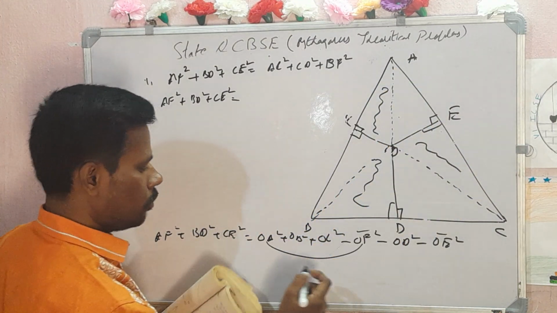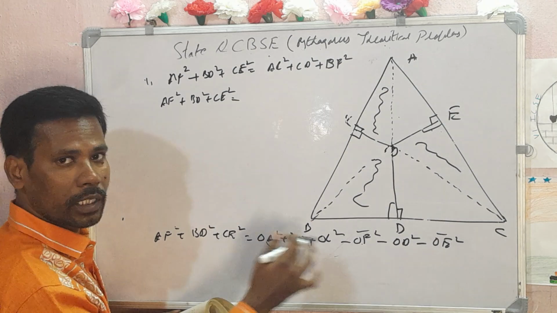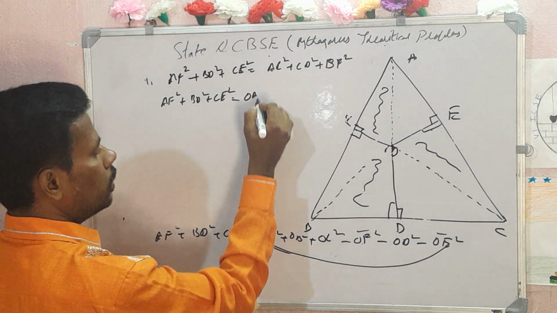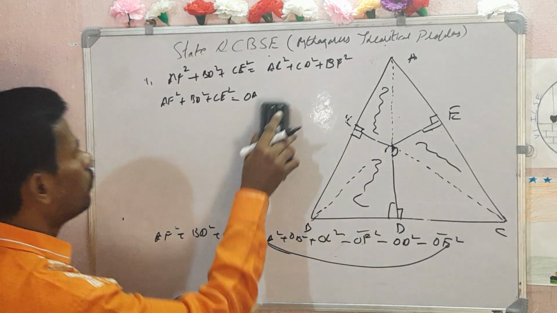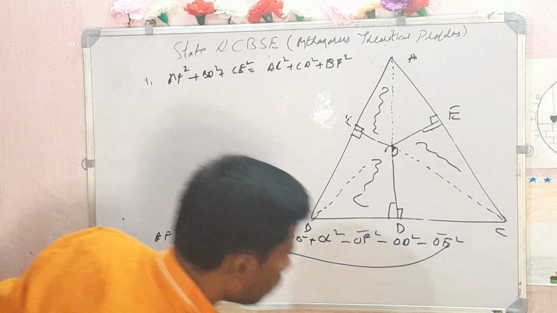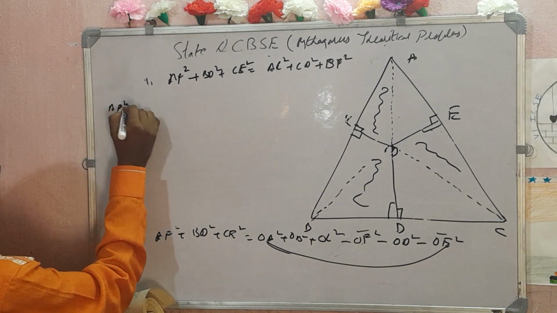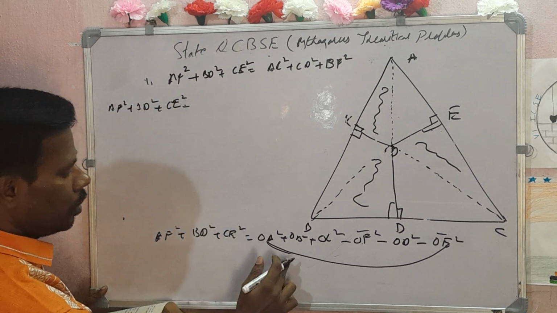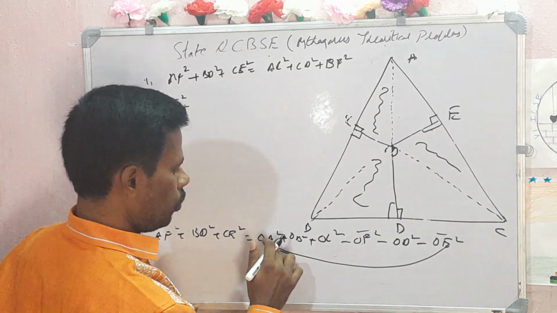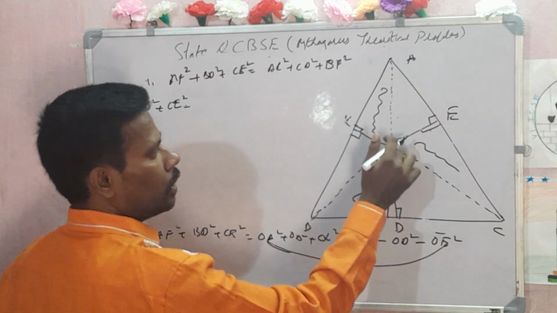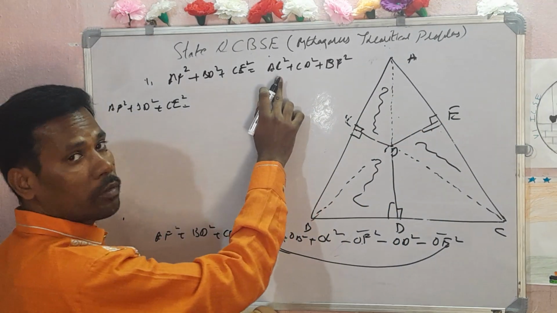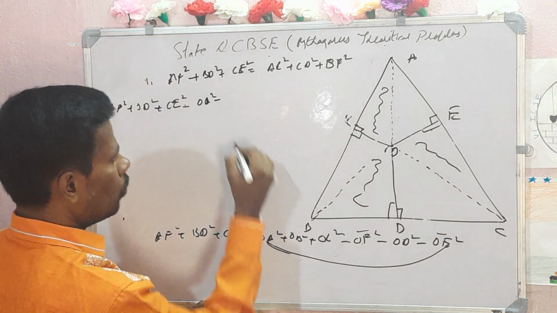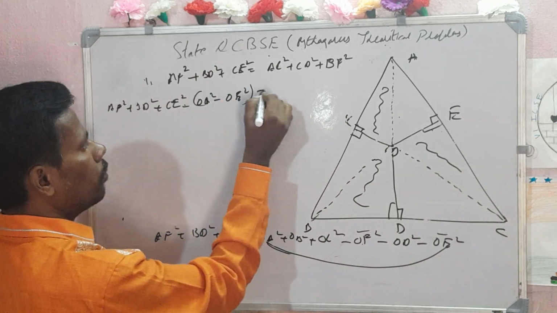Just interchange this, OA and OE. So OA square minus OE square, because keep in mind what we have to prove: AE square. So OA square minus OE square, this is one part.